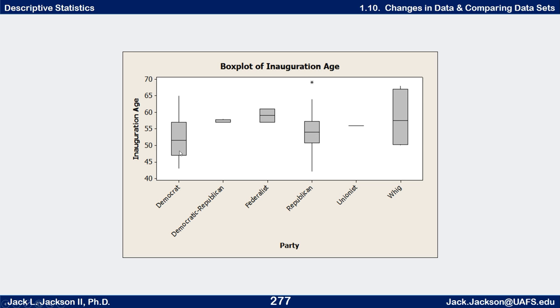Overall, the Democrats aren't too much different than the Republicans on the range, but the interquartile range is a little tighter, a smaller interquartile range on the Republicans there.